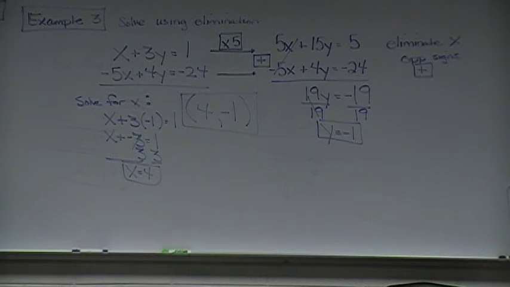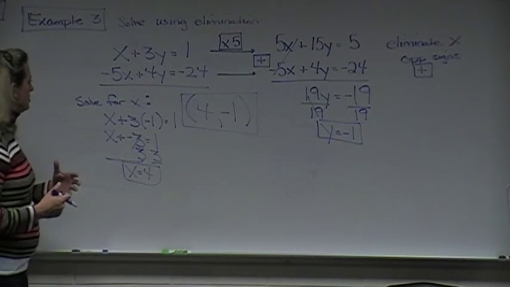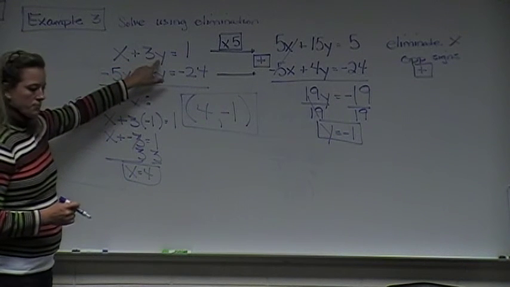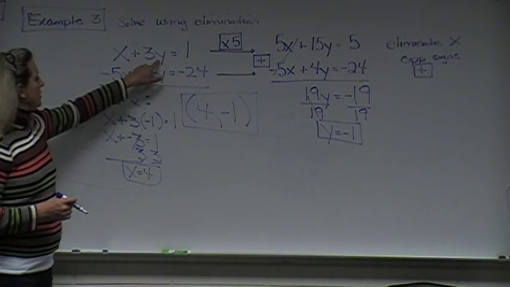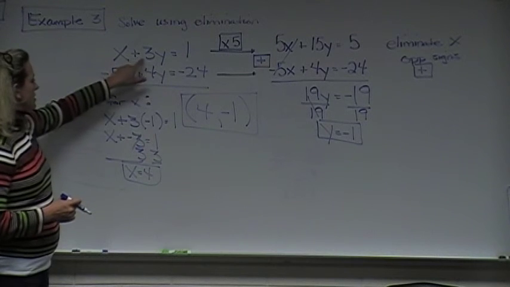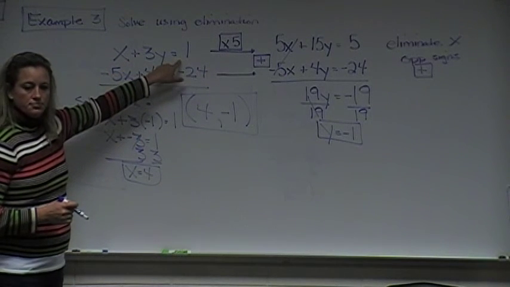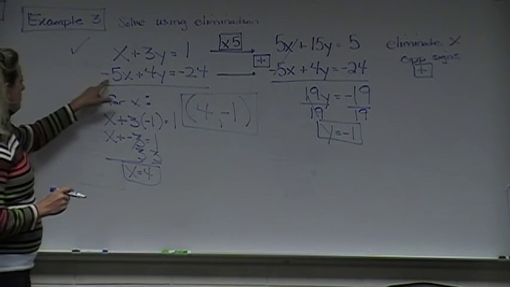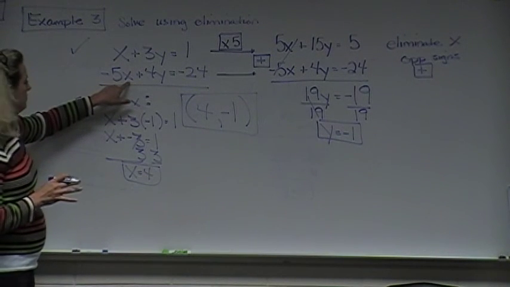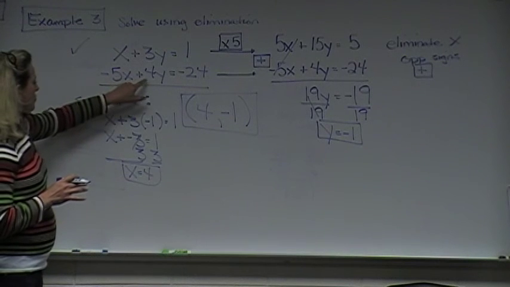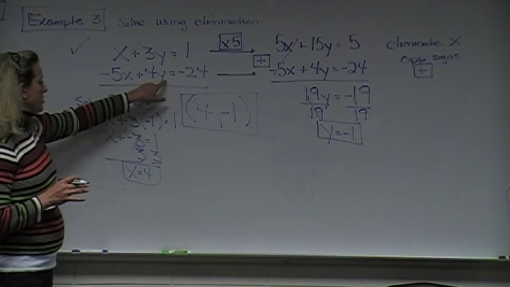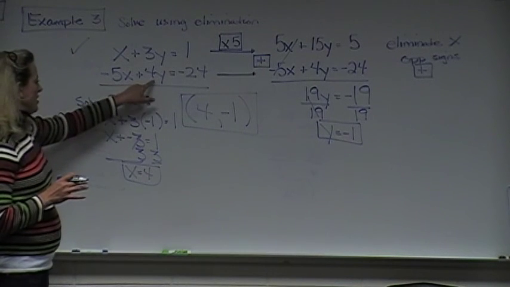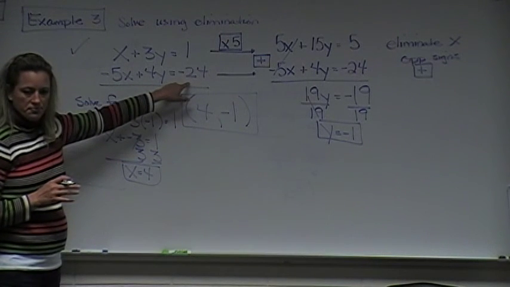Let me check it real quick, mentally here. What's 3 times negative 1? Negative 3. Is 4 plus negative 3 positive 1? Yes, so that part checks. Negative 5 times 4 is negative 20, plus 4 times negative 1 is negative 4, so negative 20 plus negative 4 is negative 24.